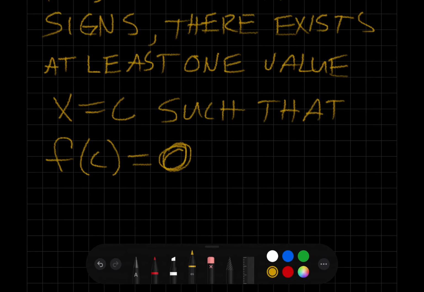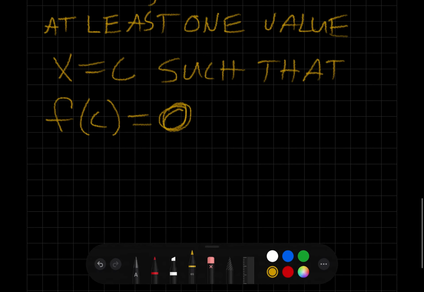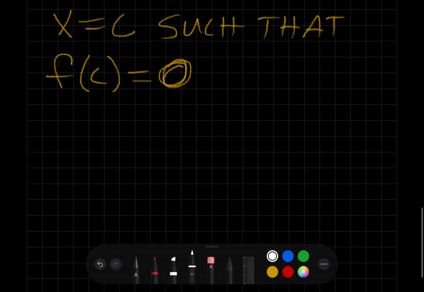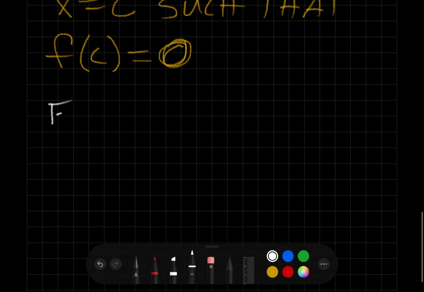That's going to be the x-intercept of our polynomial function that's in between a and b. That's where it crosses the x-axis. Let me do a quick example and then we'll wrap this video right up.